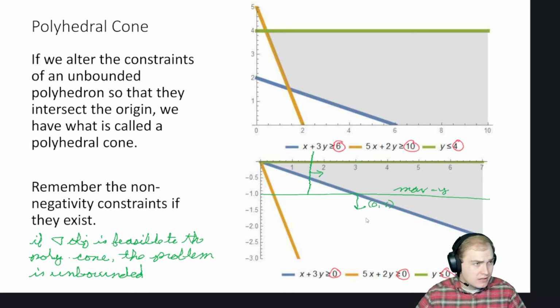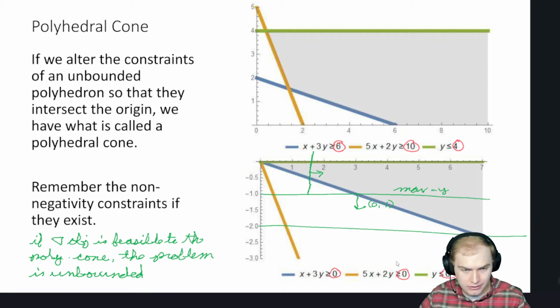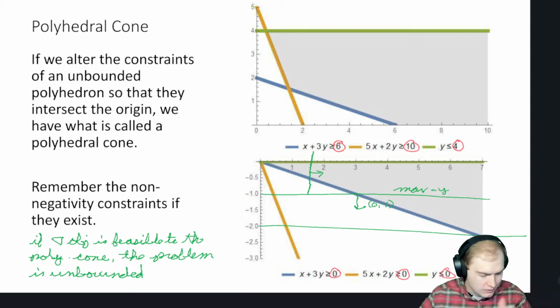That gradient is not feasible to our cone, but it is still an unbounded objective, because we can continue to draw level sets down, down, down, to y approaches negative infinity.